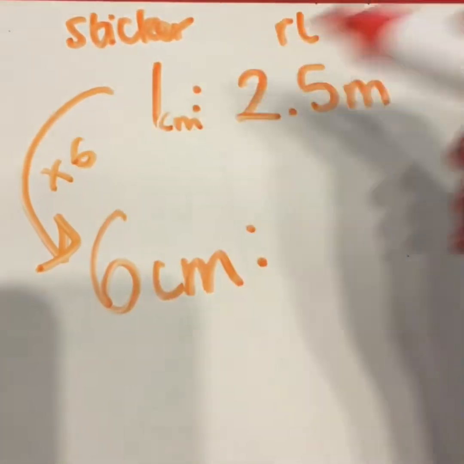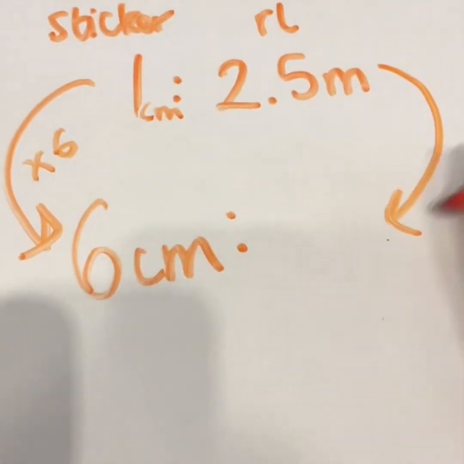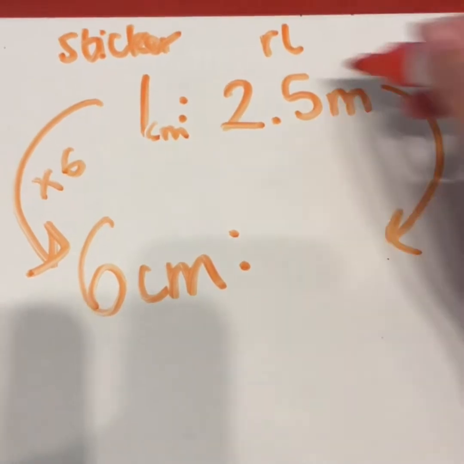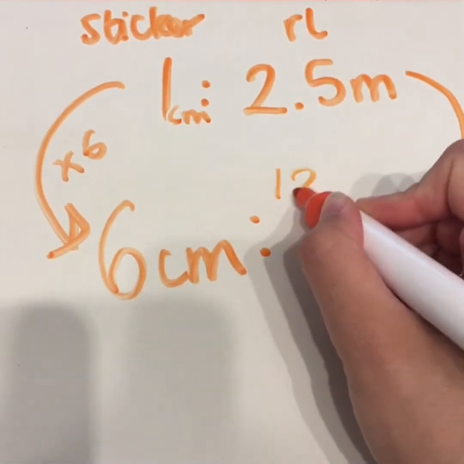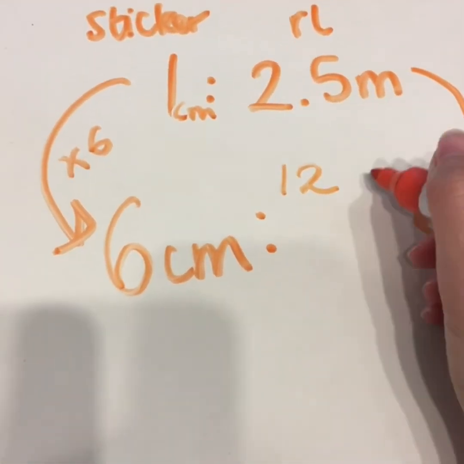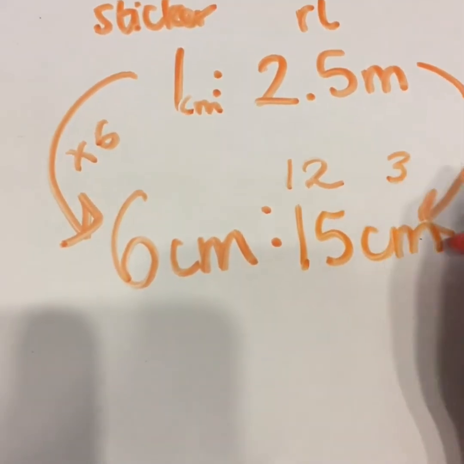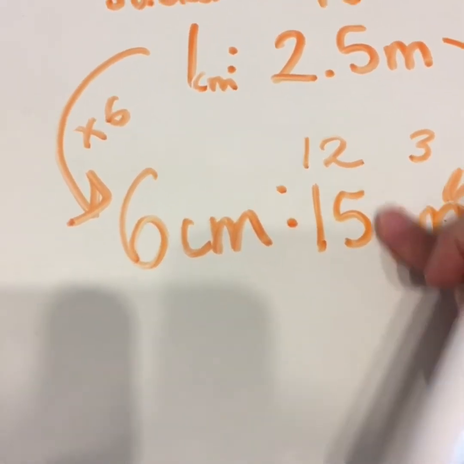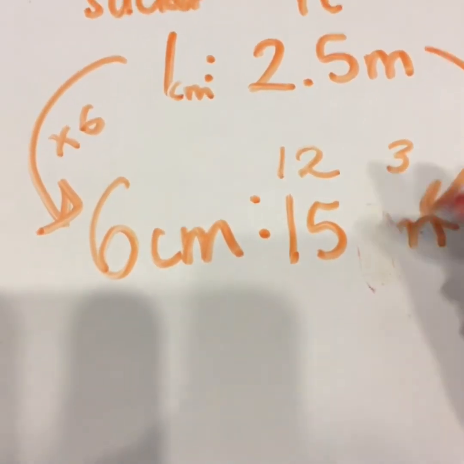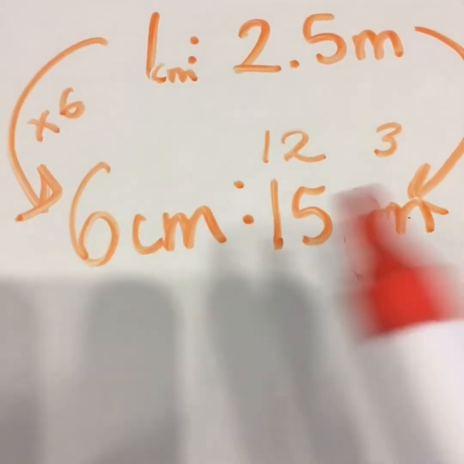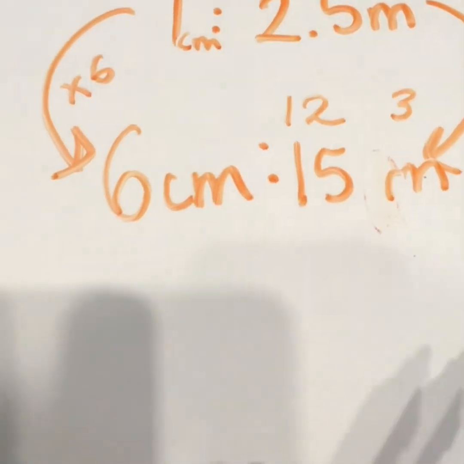I've times it by 6. So what have I got to times the other side by? I've got to times it by 6. 2 times 6 is 12. 0.5 times 6 is 3. Add them together, 15. Oh, not centimetres. 15 metres. Okay, so this train will be 15 metres in real life.